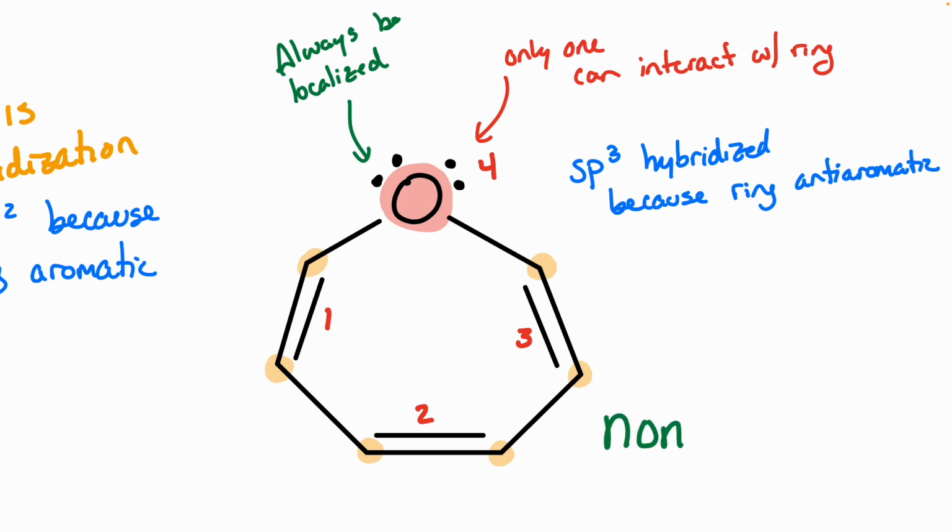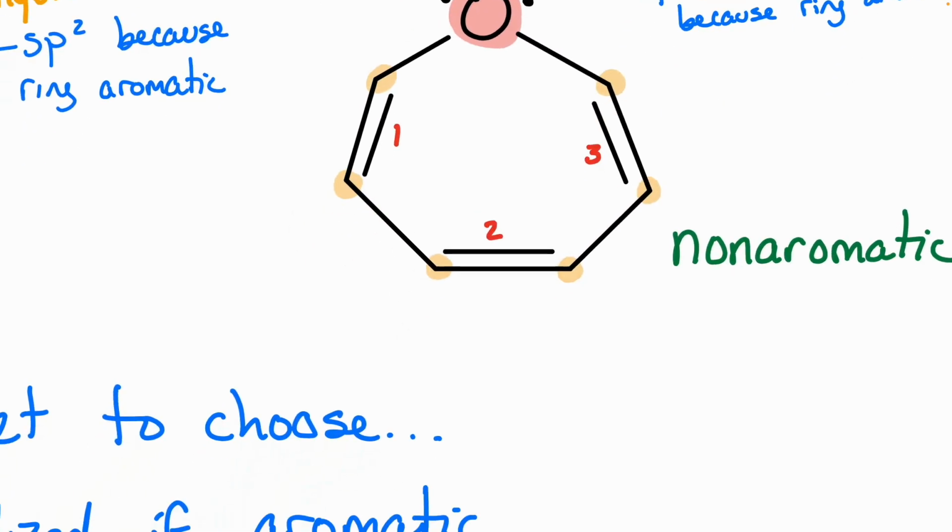So this one would be classified as non-aromatic. All right, your lone pairs get to choose whether or not to participate in the conjugation of the ring. They'll only do it if it makes that ring aromatic. If not, they're just going to sit out. They're not going to play the game at all. Okay, so let's see if we can apply this now to another heterocyclic compound.